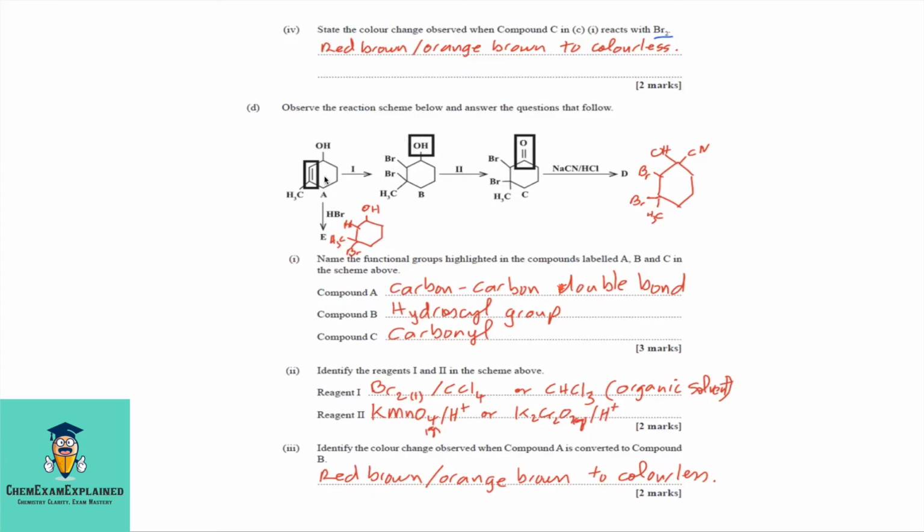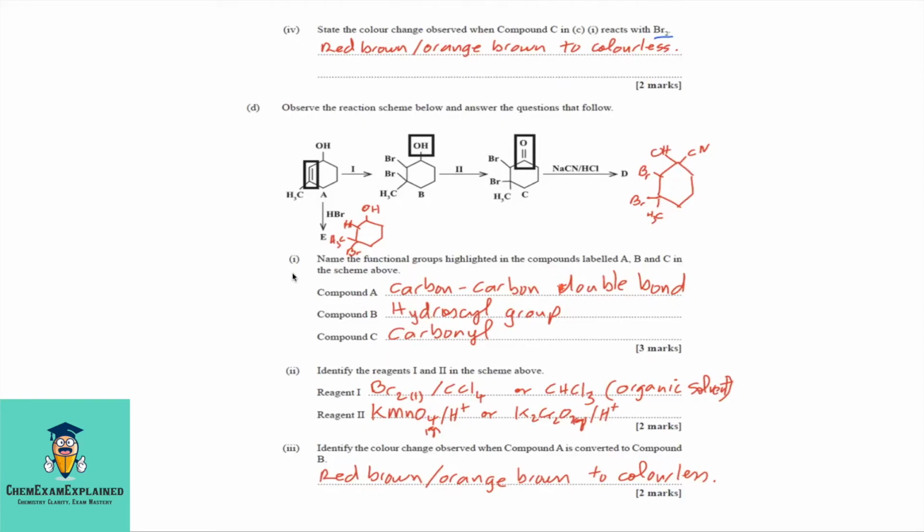Now, going from A to B, you'll notice that the carbon-carbon double bond group is what would have reacted with Br2, because there's no more double bond here, but you have a Br being attached across the carbon-carbon double bond. So from A to B, part 1, bromine is reacted with the carbon-carbon double bond. If you look at B to C, you'll see that there is some form of oxidation taking place to go from the hydroxyl group to the carbonyl group.